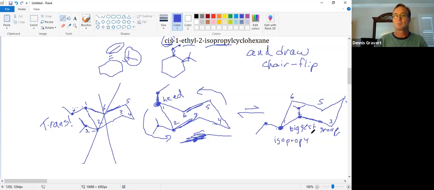The biggest group, isopropyl, is axial. This creates more 1,3 diaxial interactions, if you want the scientific term.